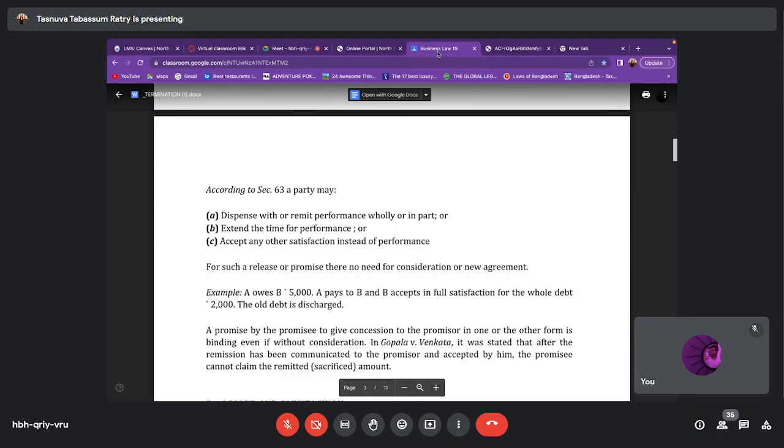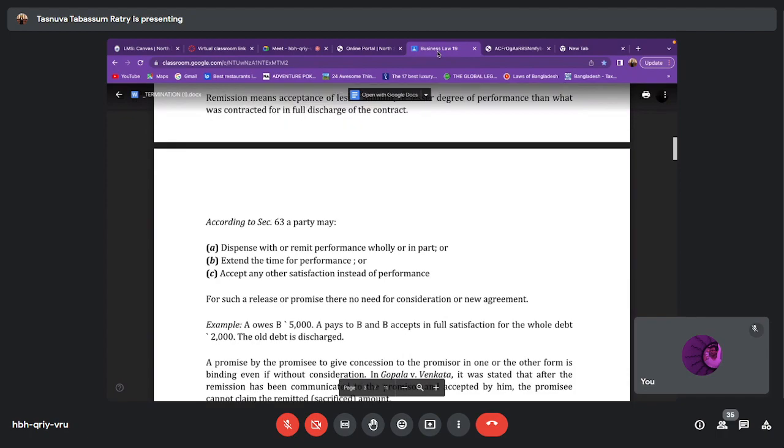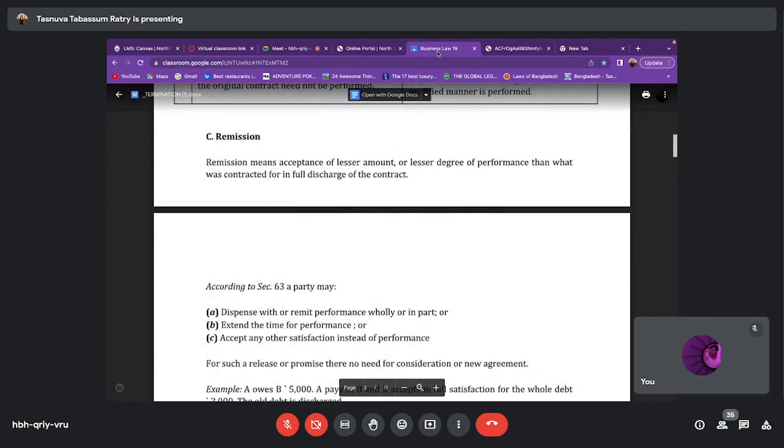Why? Because in remission, parties are accepting less than what was contracted for. In alteration, you're changing the terms and conditions. So here no one is giving anything more or less, there is no lesser degree of performance. The parties mutually agree that at first they will take red, white and black T-shirts, now they agree that they will take blue, black and white T-shirts. So they have altered the initial terms and conditions of the contract. In remission, the parties were supposed to give 500 T-shirts, now they agree they will accept 200 T-shirts and they will discharge the entire contract.